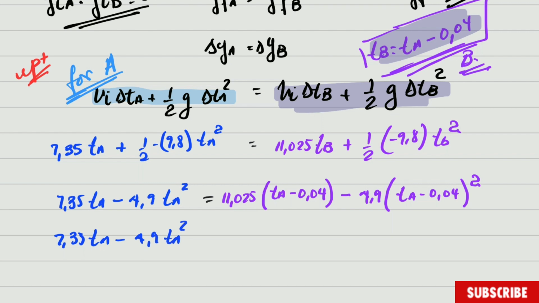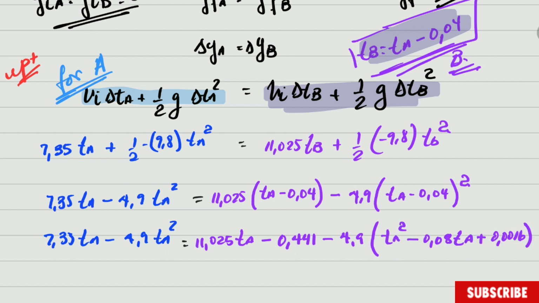Everything now is in terms of TA, equal to 11.025 TA minus 0.441 minus 4.9, and then you have to solve this one here. And this is what we have. The rest is just mathematics, guys. So let's try to solve this real fast.